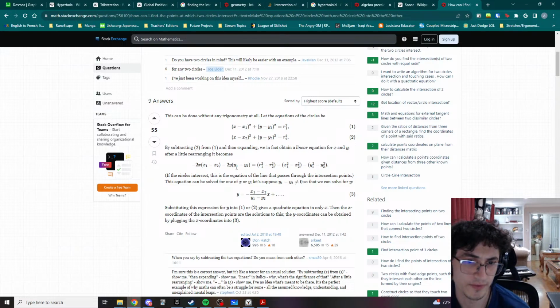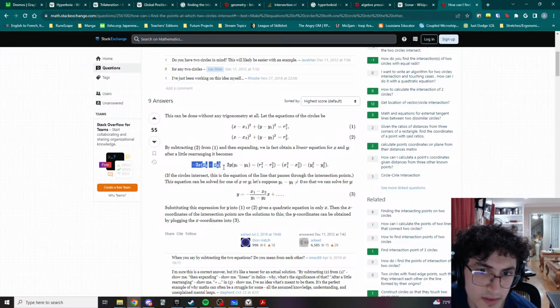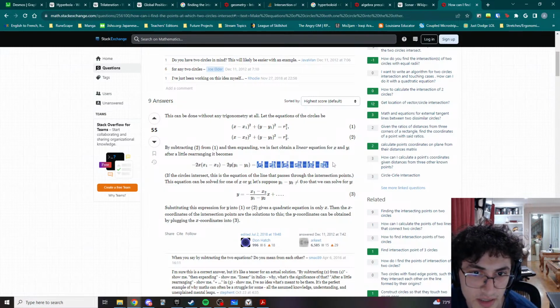If I'm just solving for y, I'm going to add this on both sides. We'll end up with 2x times x1 minus x2 times all of this. No, plus all of this. And then we divide by 2 everywhere, so we end up with just x times x1 minus x2. And that's going to be negative because we divided by negative 2.